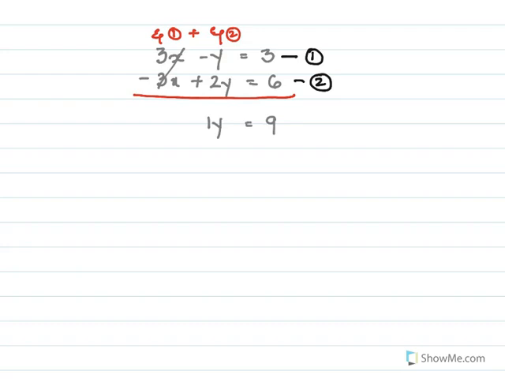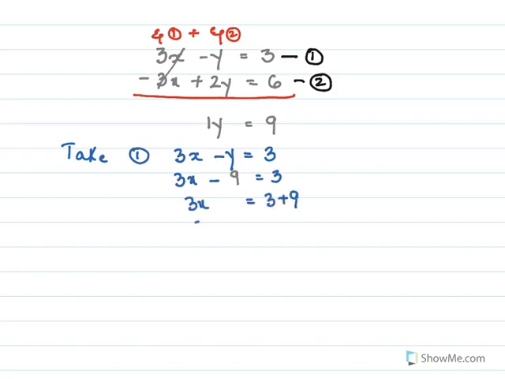Now to find the value of x, I take, say, my first equation, 3x minus y equal to 3. So 3x, and I know my y is 9, equal to 3. So I have 3x equal to 3 plus 9, as we've taken the minus sign to the other side. 3x equal to 12.